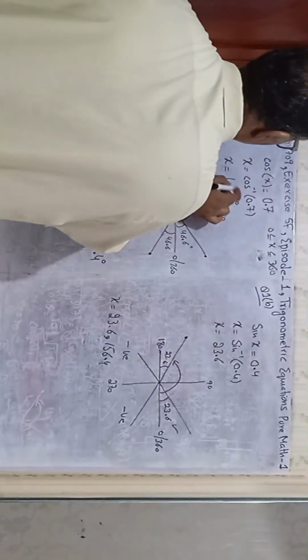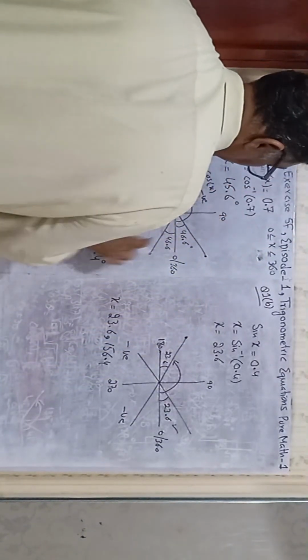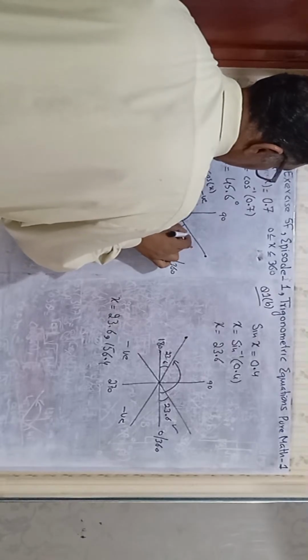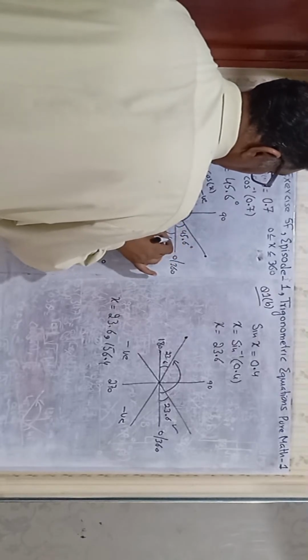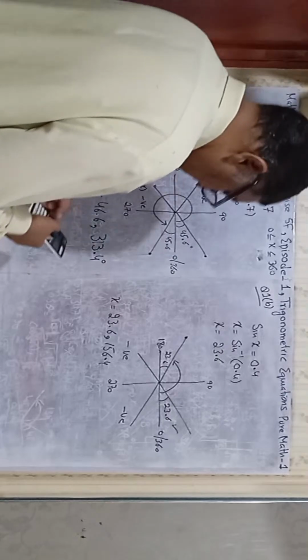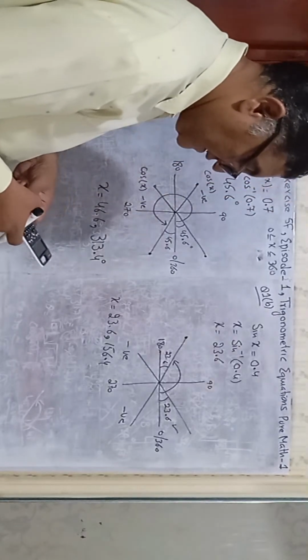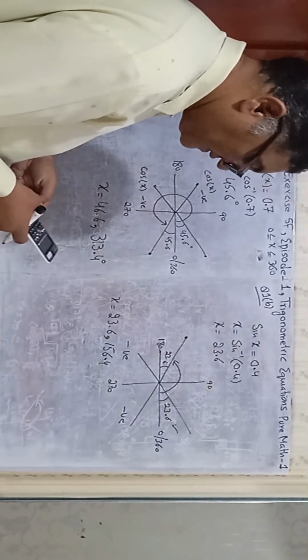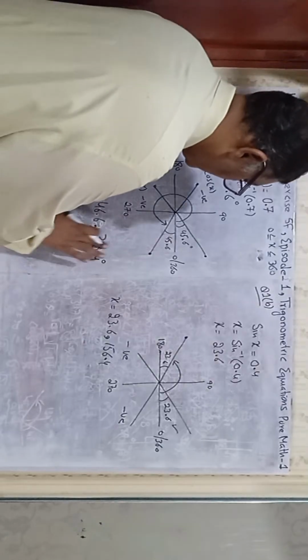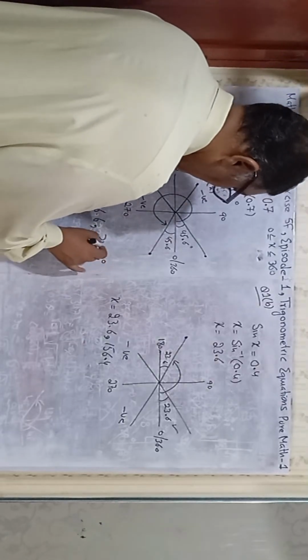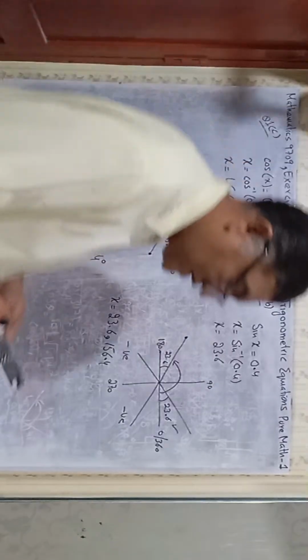I wrote 46. This angle is 45.6. So what will be this angle? It will be 360 minus 45.6, so it will be 314.4. When I read it from the calculator, instead of writing 45, I wrote 46.